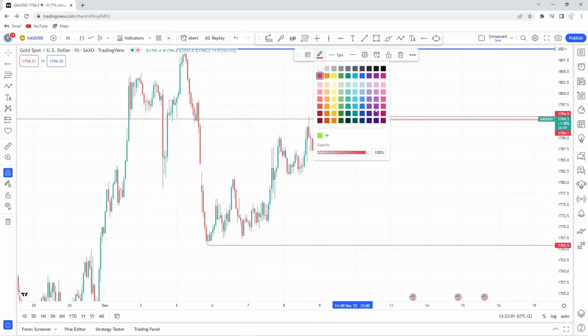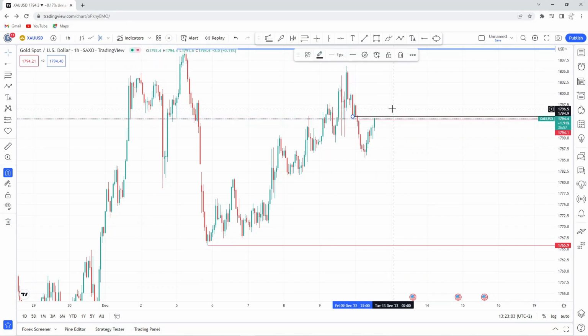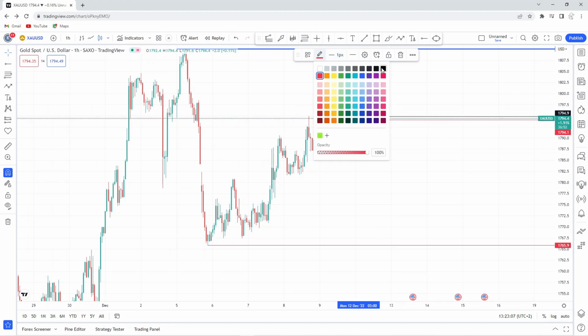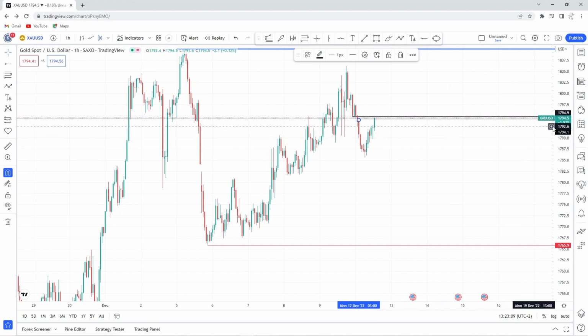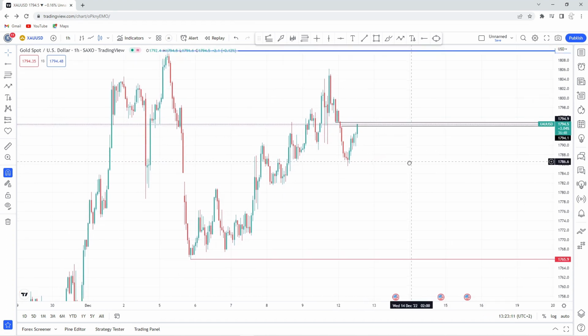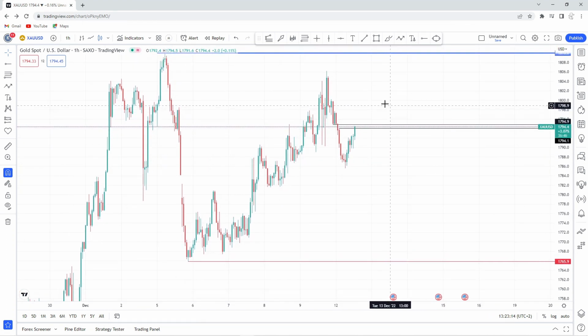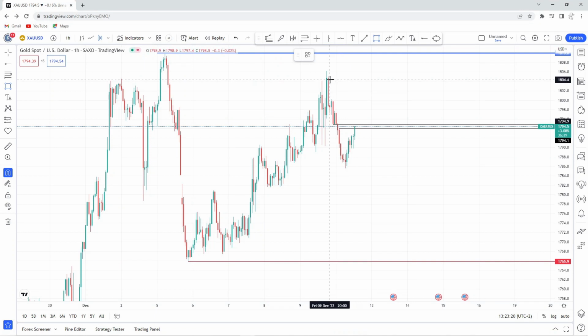I'm not saying use 1% or 2% risk management, whatever the case is. What I'm saying is risk management is relative to you, right? Let's say you have a $100 account. It's totally difficult or merely impossible to risk 1% in a trade.